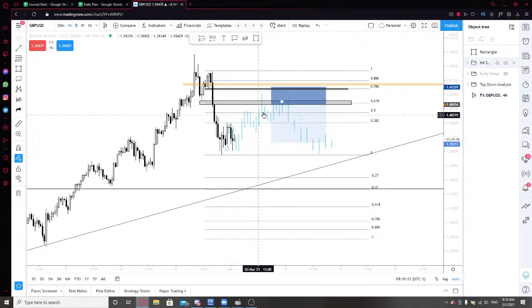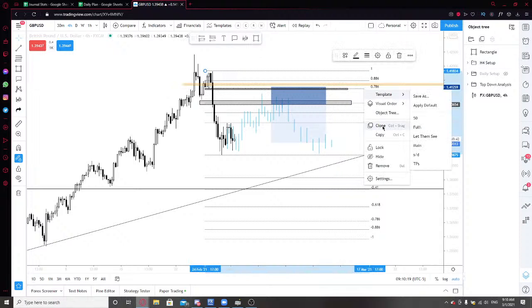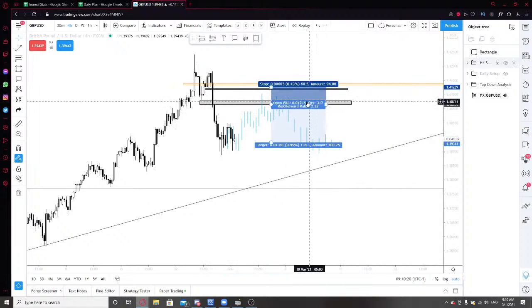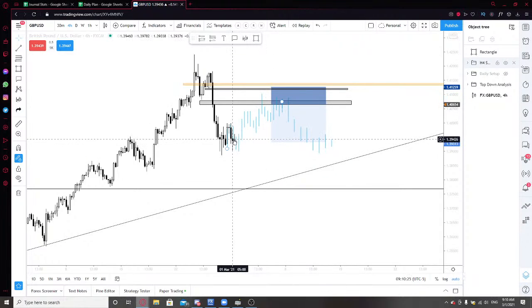I'm waiting on a correction to the 61.8, and if price breaks through the 61.8, I'll look for a rejection off the 78.6, right? And I'll look to sell down to right before this previous low here. If it does reject, it would be considered a low.